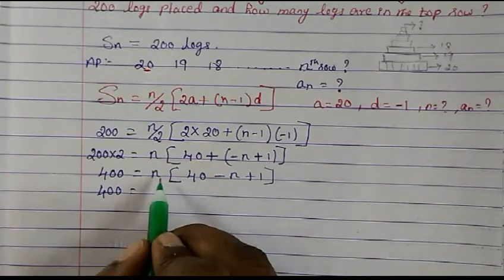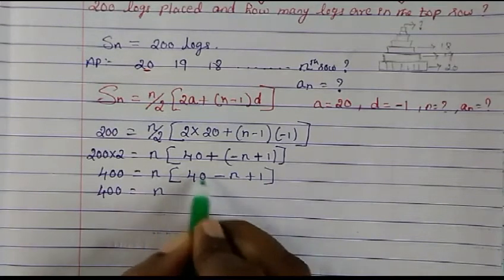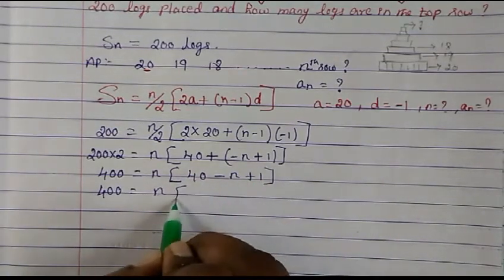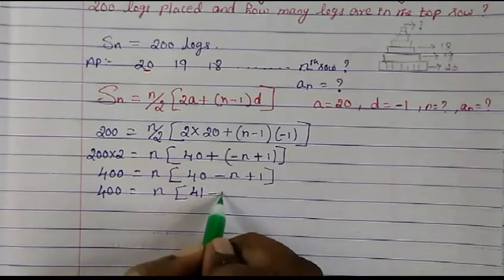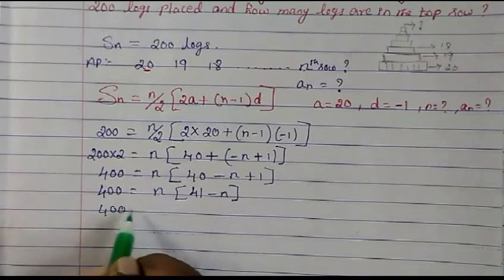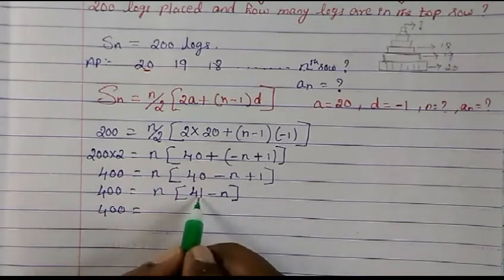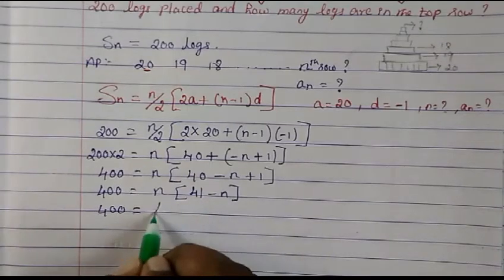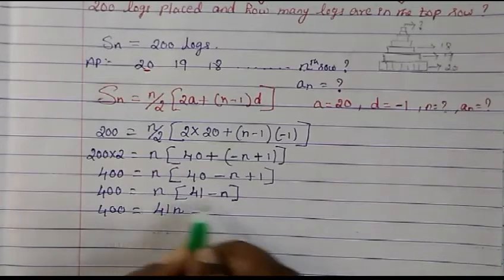So let's keep n here. Here we have plus 40, here plus 1 we have. Let's add them, so we will have 41. Then this minus n. Now let's bring it out. When you bring it out, we get n into 41, which is 41n, minus n into n.